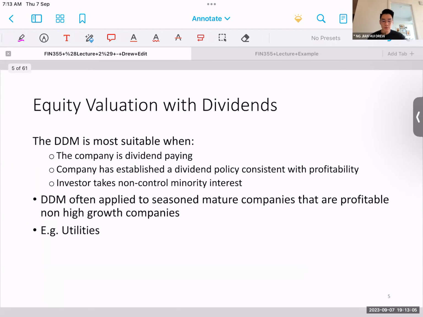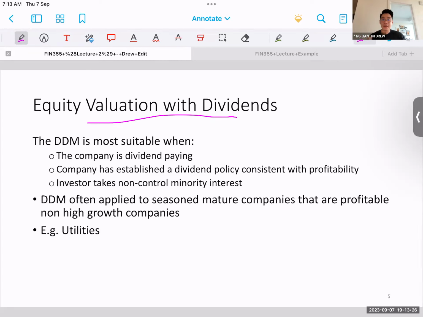Let's talk about the four methods first before we do the part on the dividend discount model. The four methods that we're going to cover today are the dividend discount model, which is valuation with dividends, and I believe this is not new.